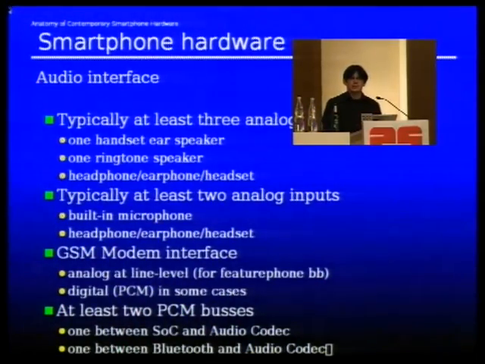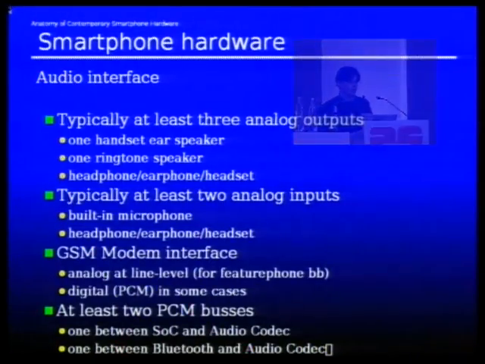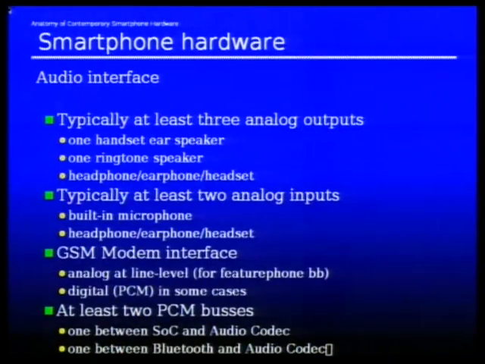Then you have 2 analog inputs, the built-in microphone and the microphone that is connected externally in the headset. Well, then you need to somehow connect the GSM modem. In a number of cases it's analog, so they actually connect line-level analog audio or even microphone-level audio between the baseband processor and the audio codec that's on the application processor side.